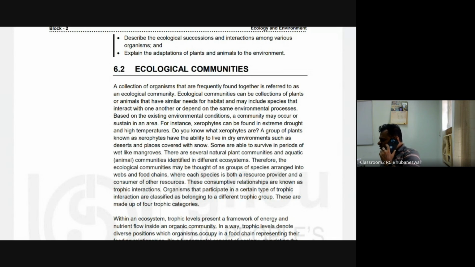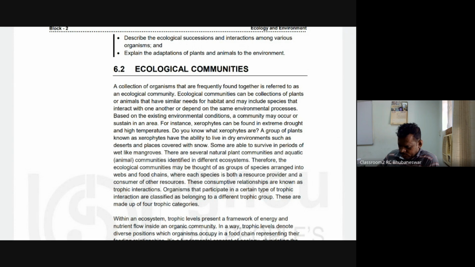A community is a collection of plants and animals that have similar needs for habitat and may include species that interact with one another or depend on the same environmental process. Based on the existing environmental conditions, a community may occur or sustain in an area. In further sections, we will study environmental adaptation, which plays an important role here.